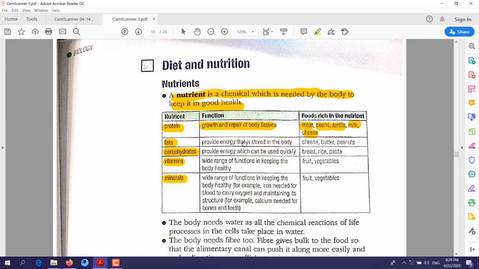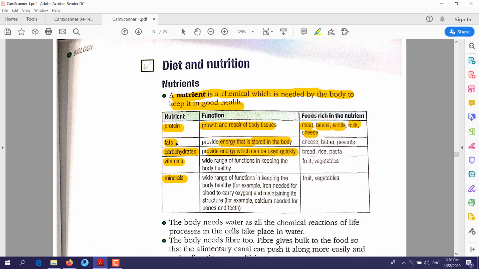Fat is stored energy, while carbohydrates provide energy which can be used quickly. Fat and carbohydrates are both sources of energy for our body, but fat is a source of stored energy. Carbohydrates are quick energy.